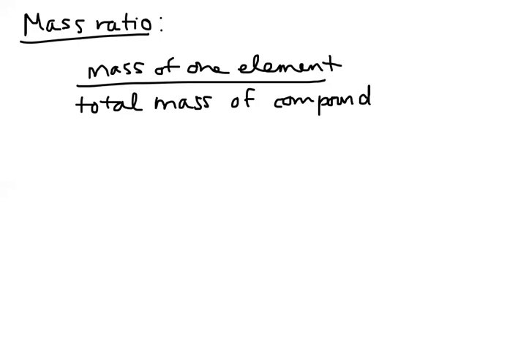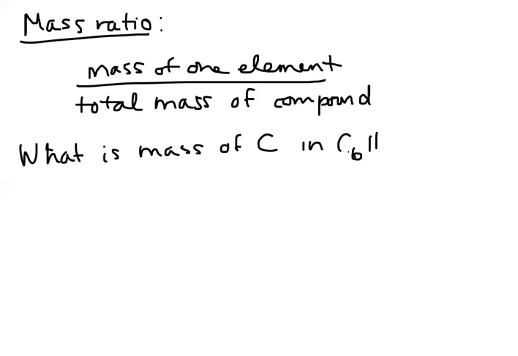So for example, if I say, what is the mass ratio of carbon in C6H12, you have to take into account that there are 6 carbons. So we're going to put the mass of the carbons on top. So we're going to do 6 times 12.01 grams per mole.